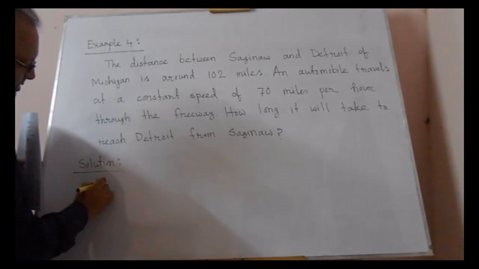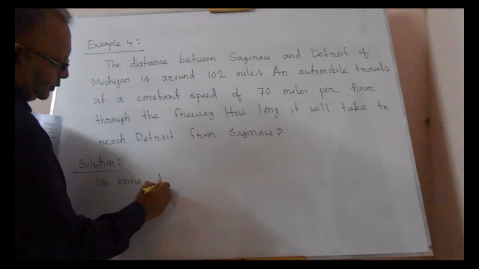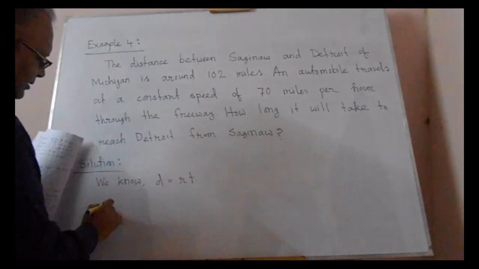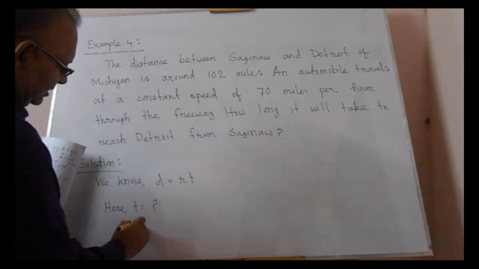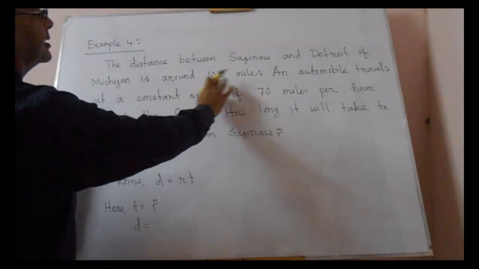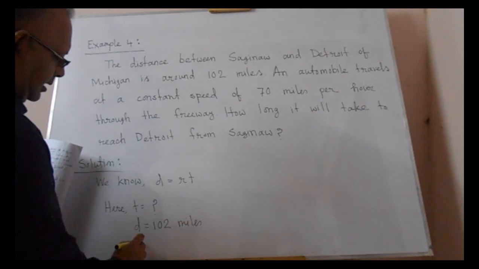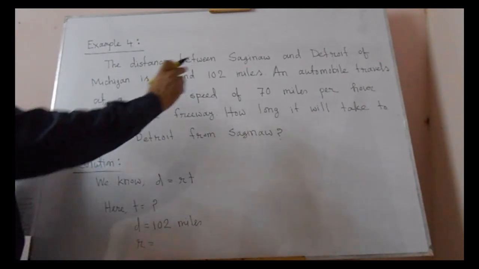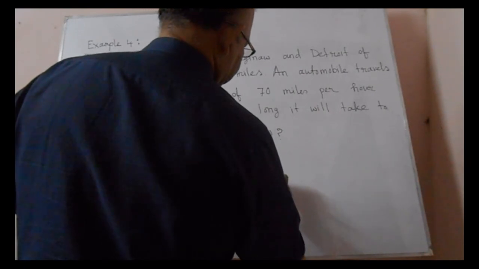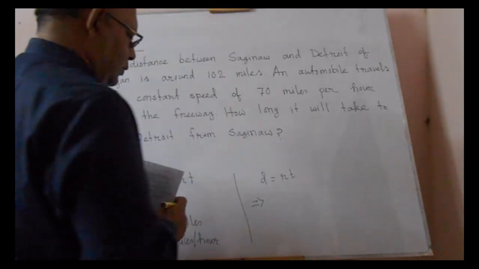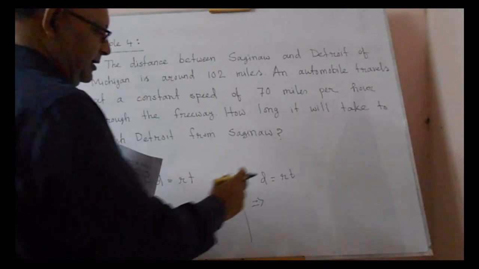We know the distance formula. D equals RT. Here we need to find the value of T. Distance D equals 102 miles and R equals 70 miles per hour. We'll solve for the variable T here.